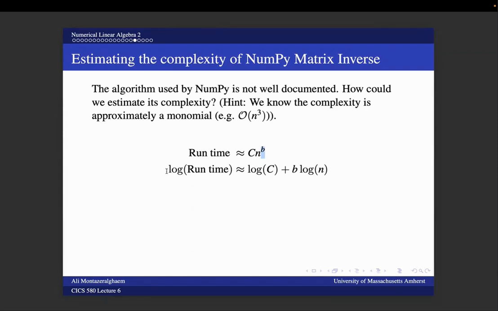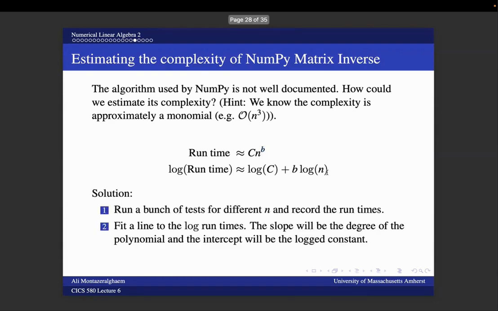To find this value, we just need to take a logarithm: log of runtime equals log of c plus b times the log of n, right?